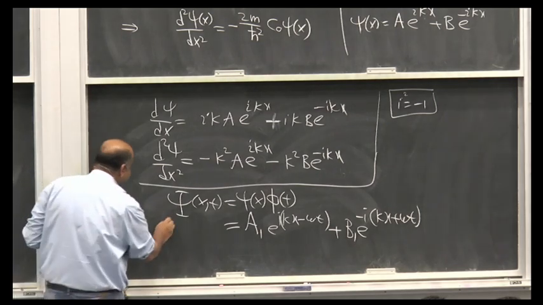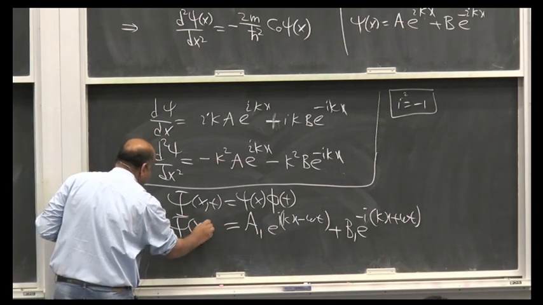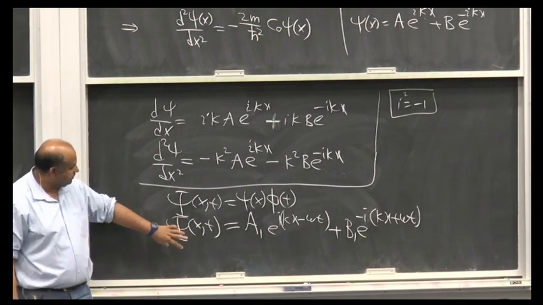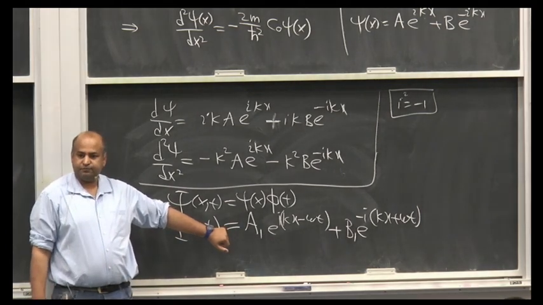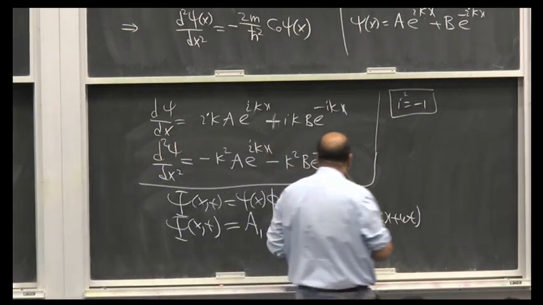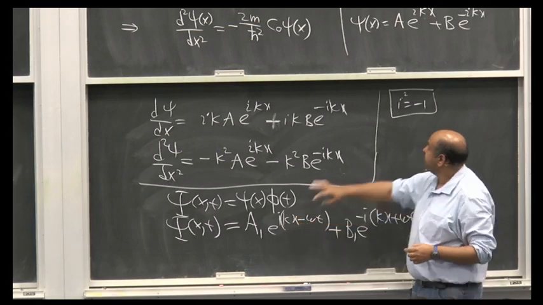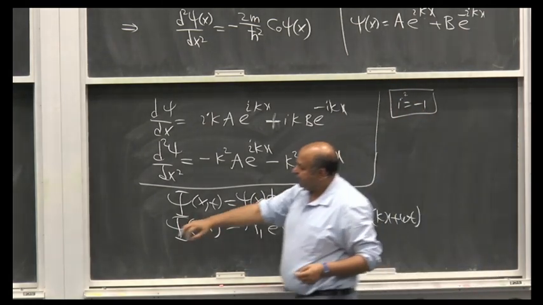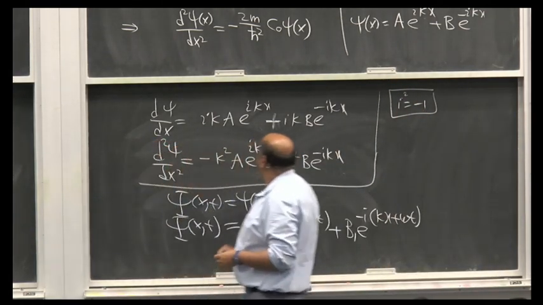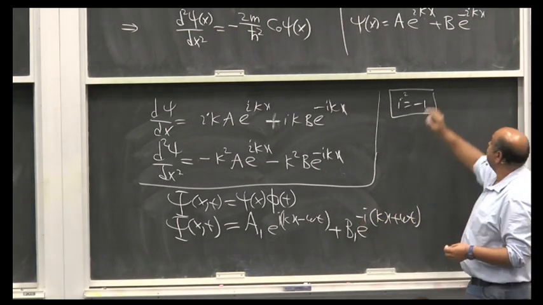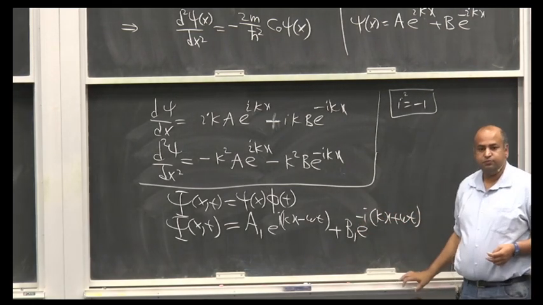So this is the wave function of a free particle. और जो a1 है, this a1 is a into c2, और जो b1 है, this is b into c2.